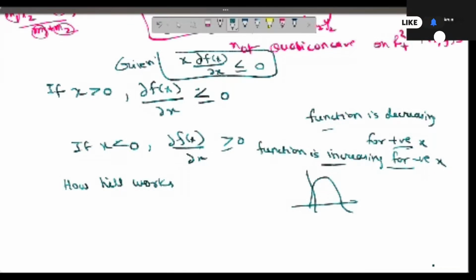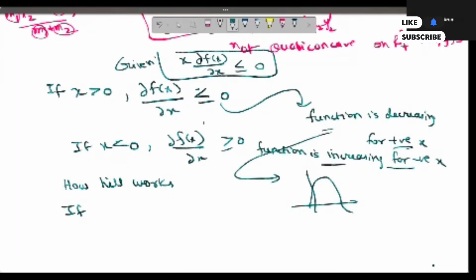I need to relate everything with quasi-concavity. So you will interpret that if this condition is given, that means the function is this way, and this is how a hill works, and a hill works according to quasi-concavity.